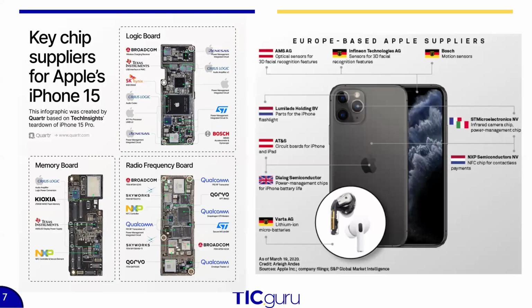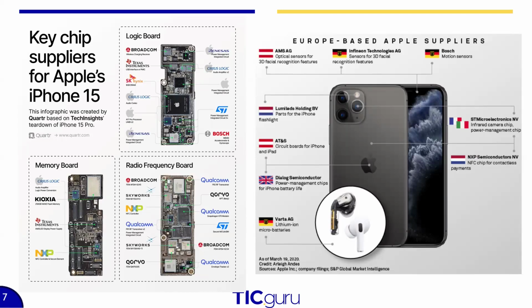Now, tracking supply chains of any complex product like a car or a phone is quite an interesting project. You may know that iPhones have been studied quite a lot, and here are some infographics from the internet.